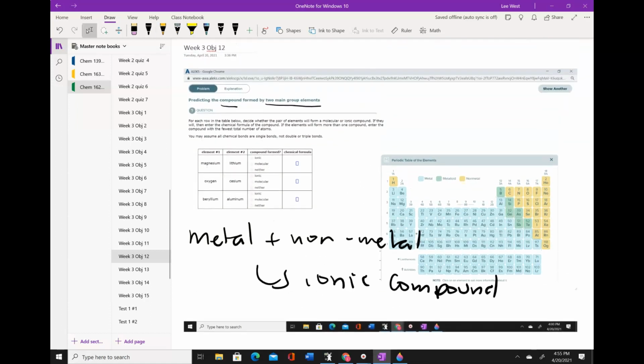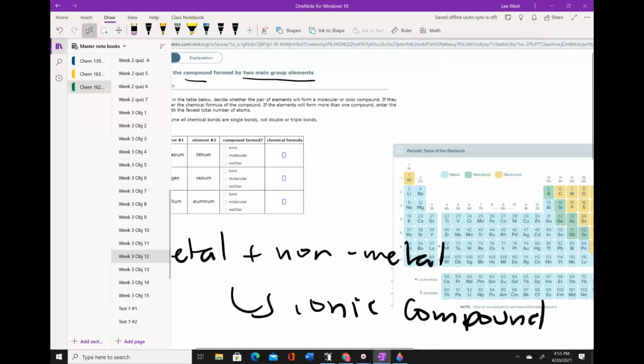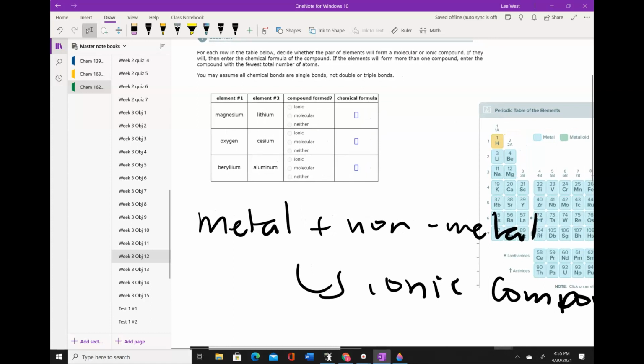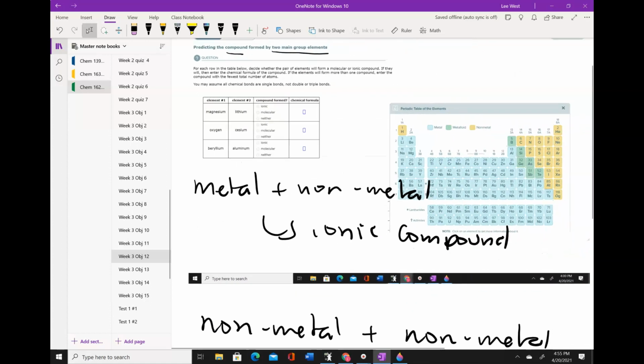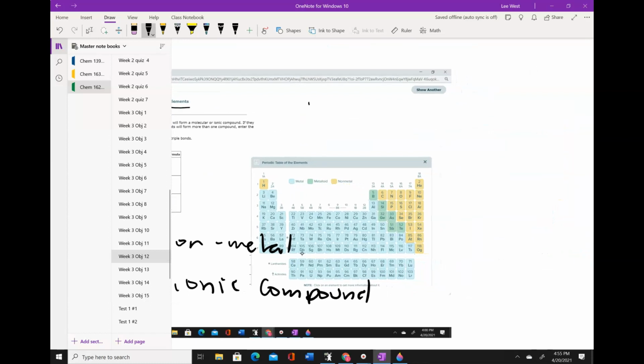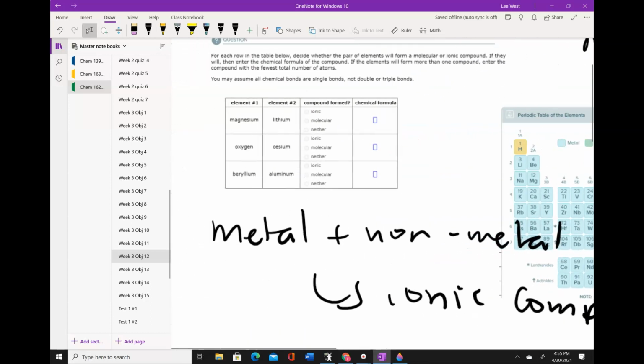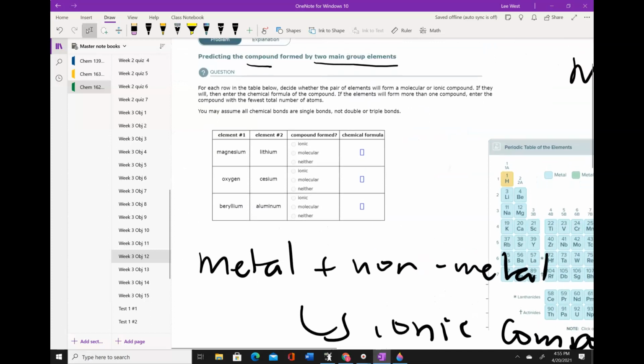So that's what we're really looking for. Now, it does say in here, neither. We'll have to cross that bridge when we get there. But the only combo that we haven't considered would be a metal with a metal, and that's going to form something called an alloy, which isn't one of our options.